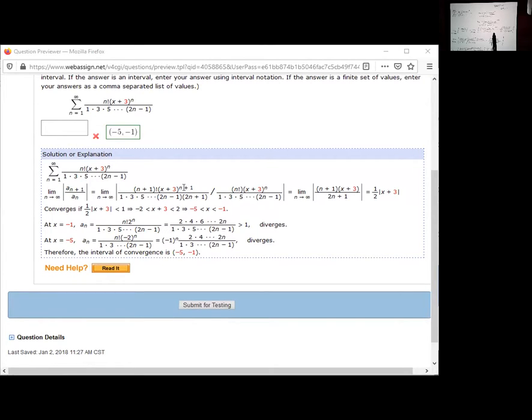We separated it, but they had two pieces down here. That's weird. And then this is the same thing we had. So this guy flips over, and this cancels this.